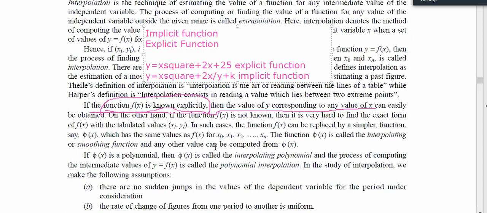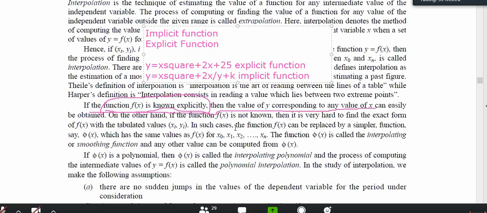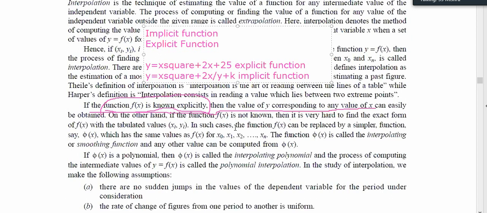Then the simpler function is given the name smoothing function.